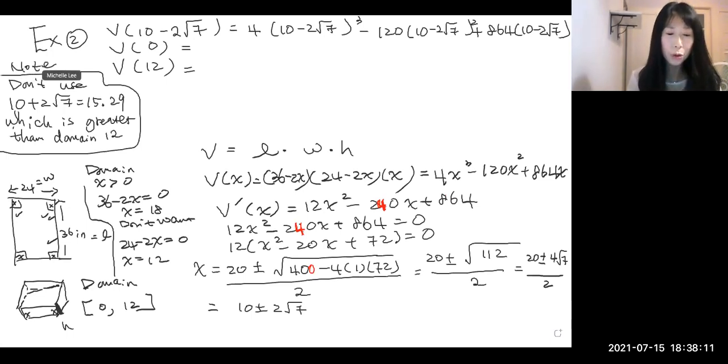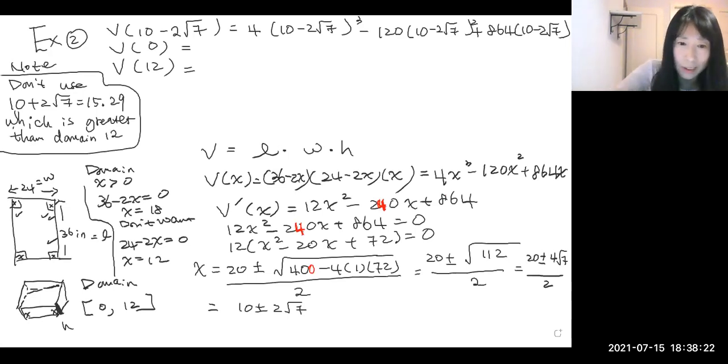All right, so what do you get? V of 10 minus 2 square root of 7. Too much work, huh? So this one, let's see. This is 1,825. And V of 0, what do you get?